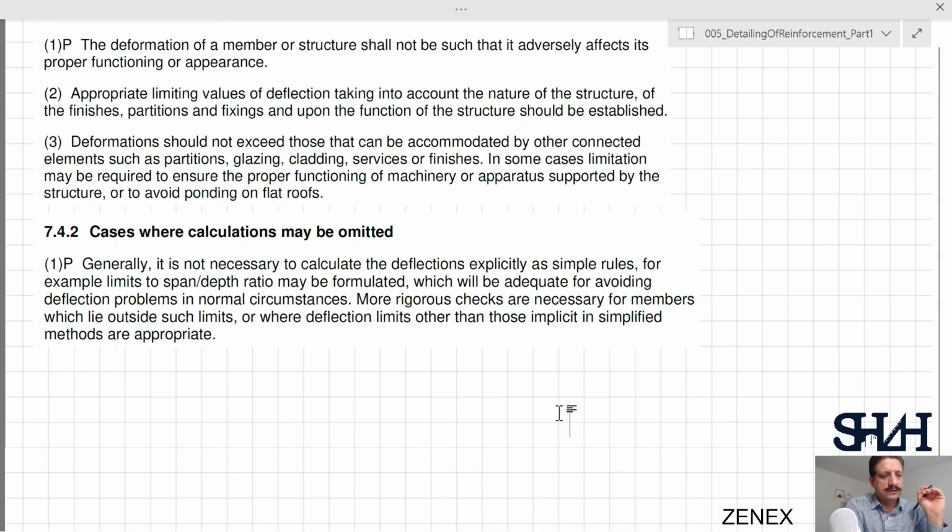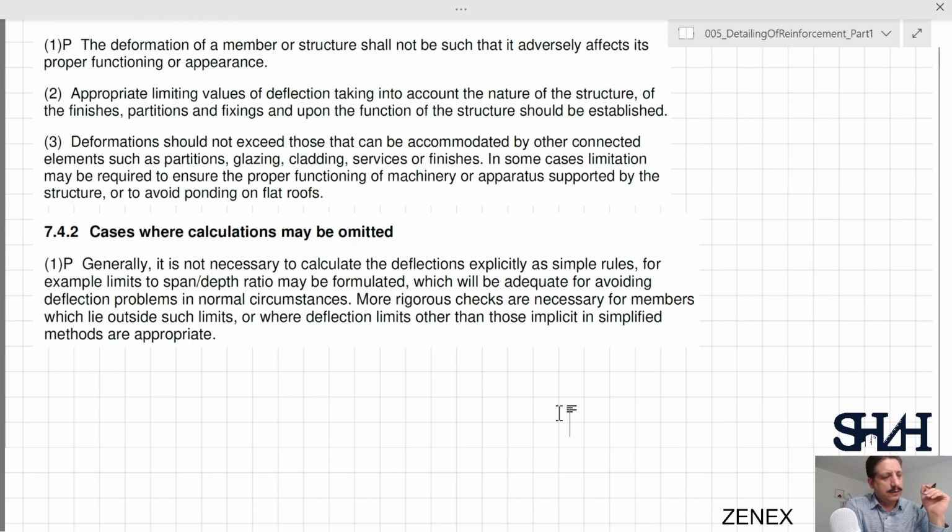Generally, it is not necessary to calculate the deflections explicitly, as simple rules, for example limits to a span to depth ratio, may be formulated, which will be adequate for avoiding deflection problems in normal circumstances. More rigorous checks are necessary for members which lie outside such limits, or where deflection limits other than those implicit in simplified methods are appropriate.